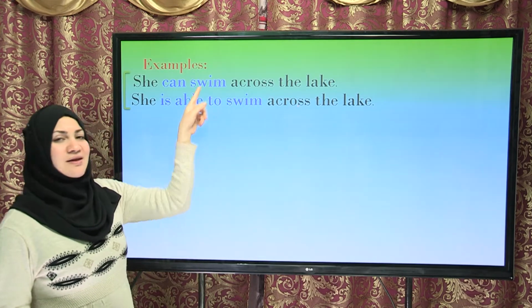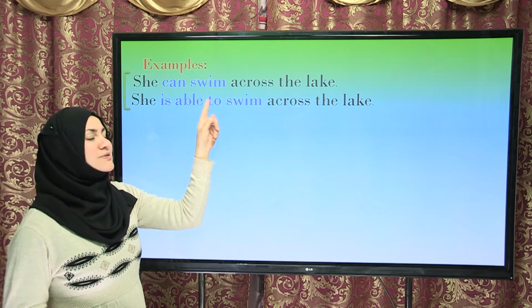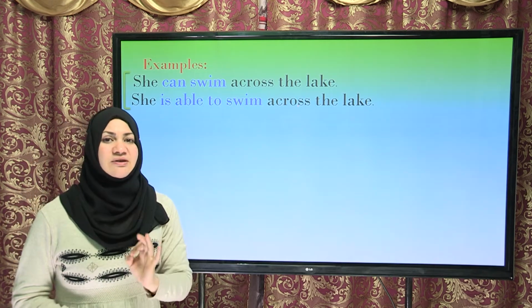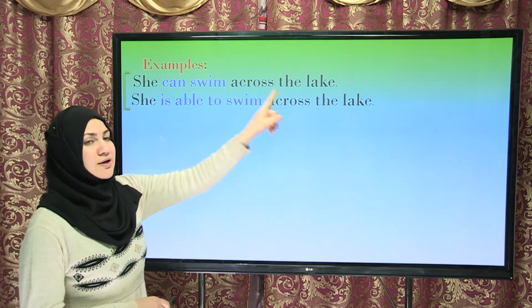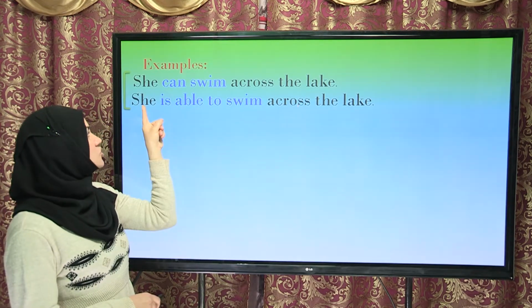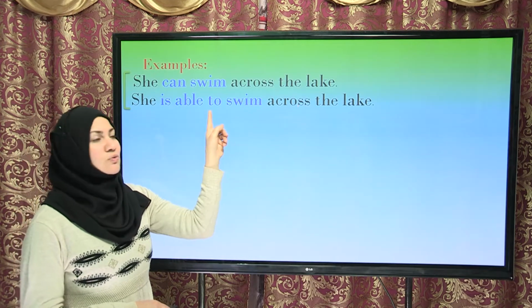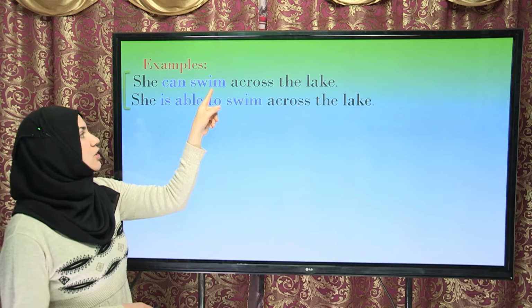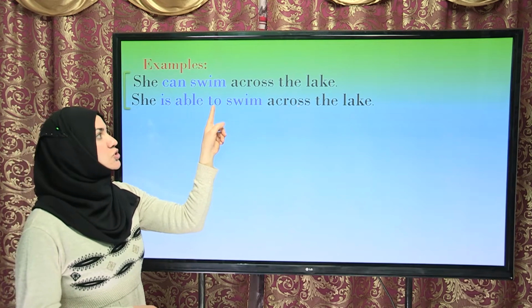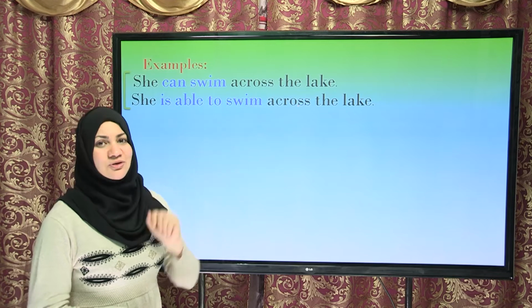The same meaning. Both verbs express ability in positive form in present tense. So she can swim across the lake, or she is able to swim across the lake. Can swim equals is able to plus infinitive, to swim.